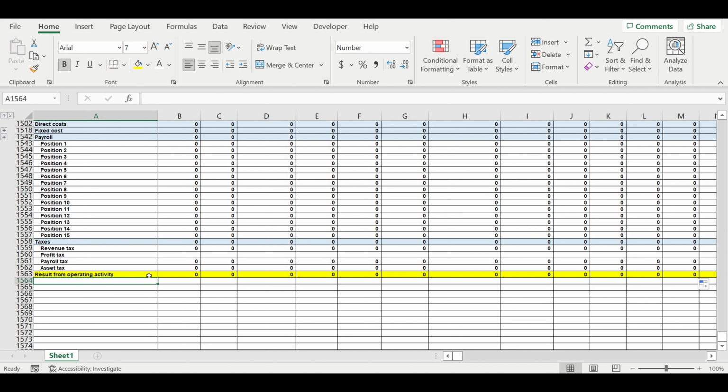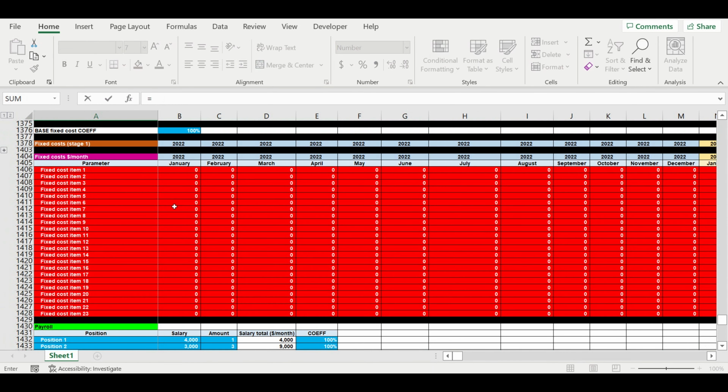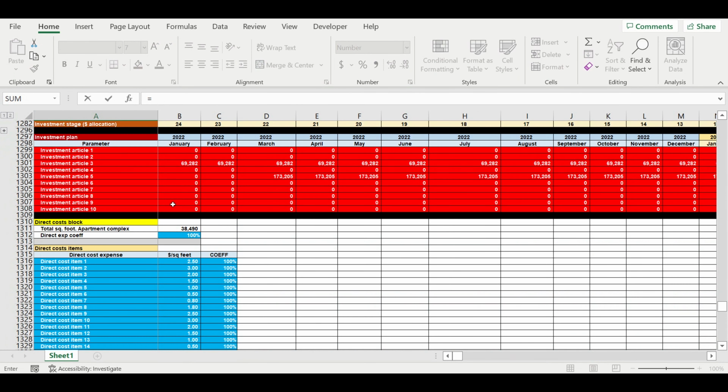So now let's add the investment expenses. Investment, we will take investment from the, here it is.